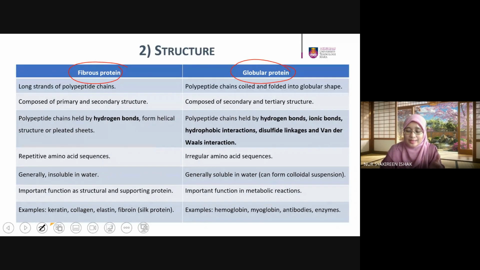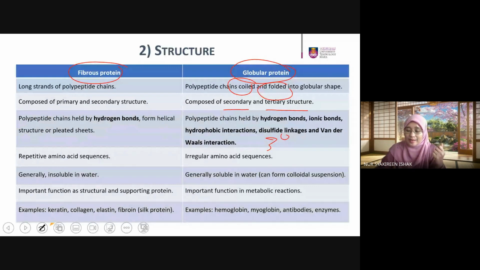Either the polypeptide chain is coiled or folded, composed of secondary and also tertiary structure. And then because it is folded into specific shape, again it involves mesti ada tertiary structure. The polypeptide chains are held together by hydrogen bonds, ionic bonds, hydrophobic interaction, disulfide linkage, and van der Waals interaction.